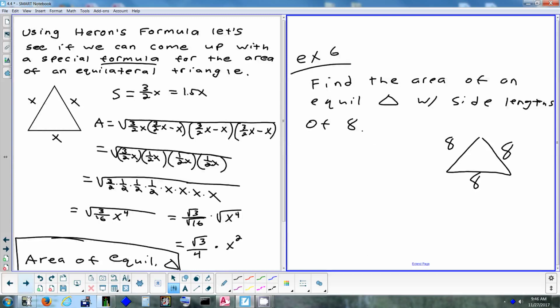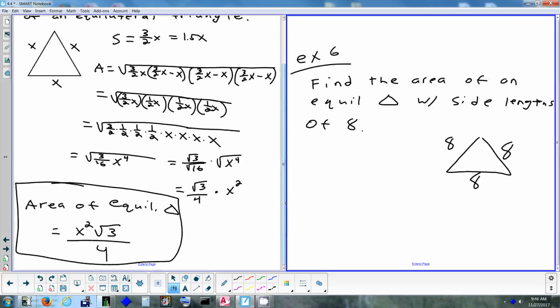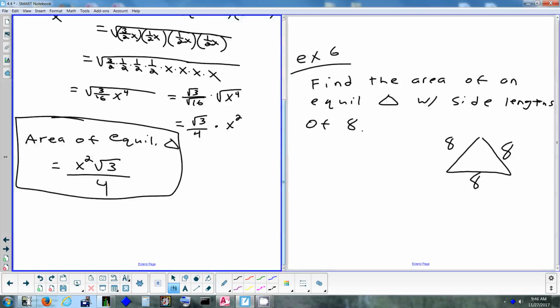Find one of these angles, which actually wouldn't be that hard, and then use the first formula I taught you. Or, second formula is just to do Heron's formula. Do the whole thing out. The third way is to use the formula we just went over. X squared, square root of 3 over 4, where x is the length of the side. That's what we started with, x, and x.